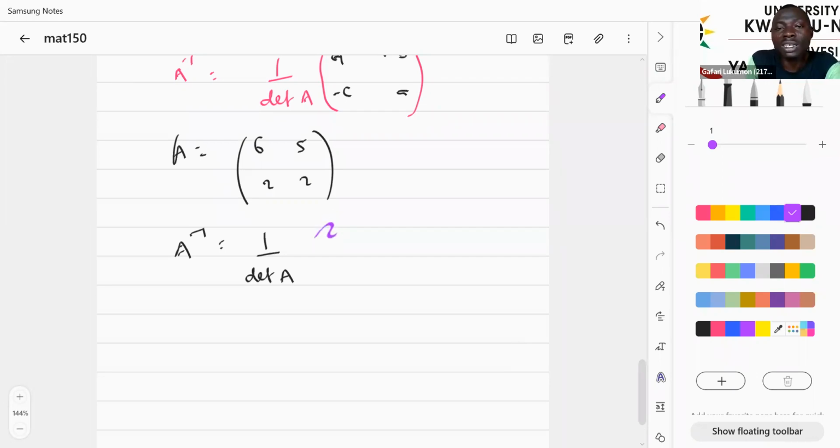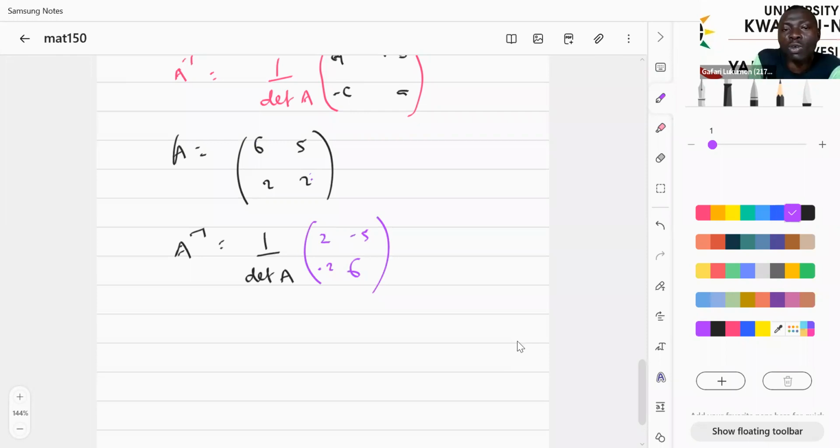You interchange this element with this one. It is 6, 2 before. You change it to 2, 6. And you multiply the elements along the second diagonal by -1. And this will now be -5, -2.